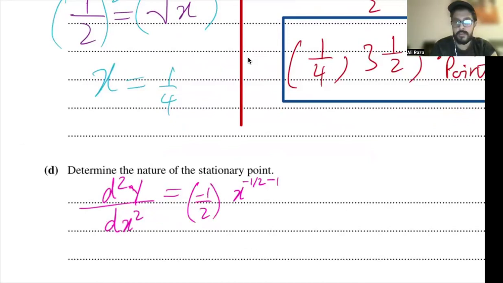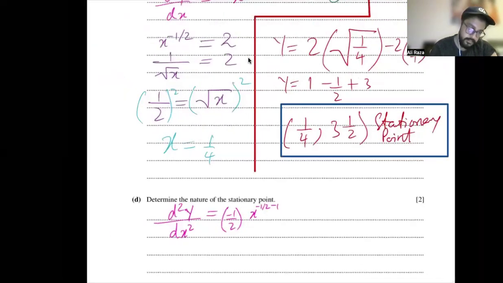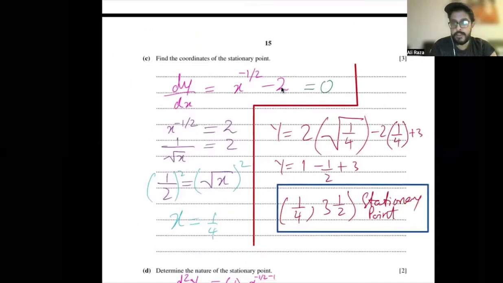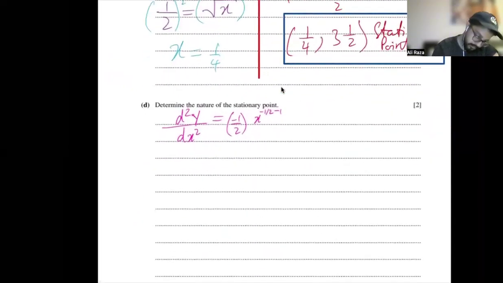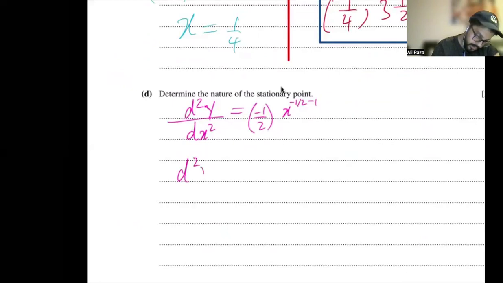And we subtract 1 from the power. And the differential of minus 2 becomes 0. The second derivative comes out to be minus 1 over 2 x power minus 3 over 2.